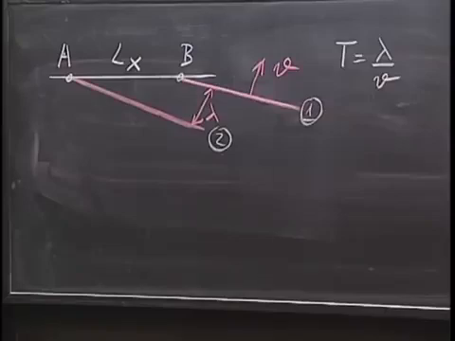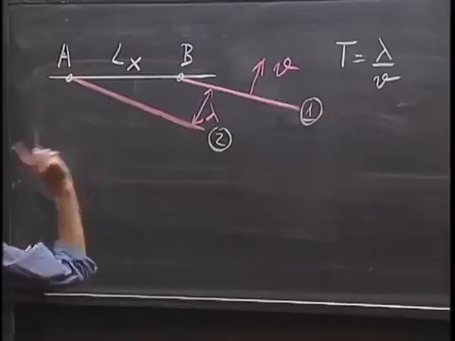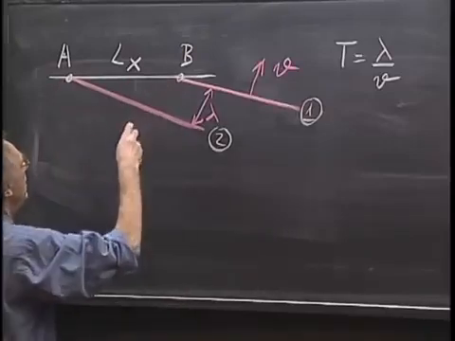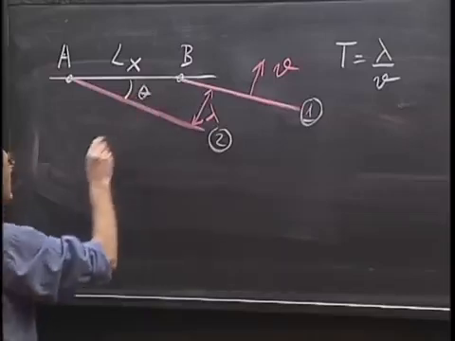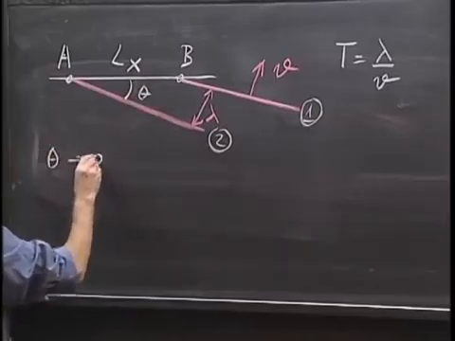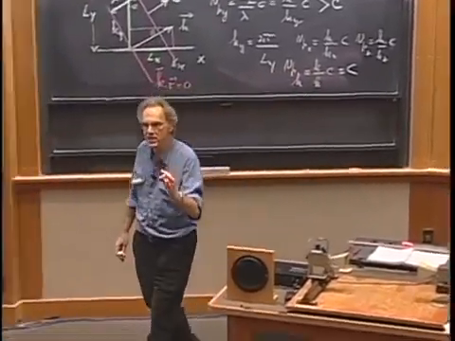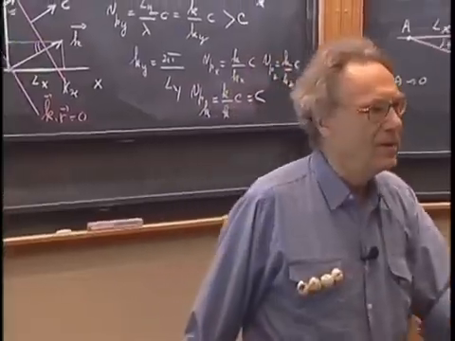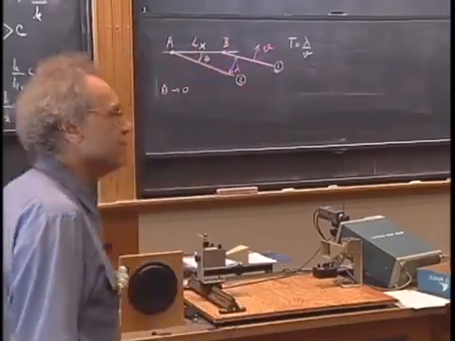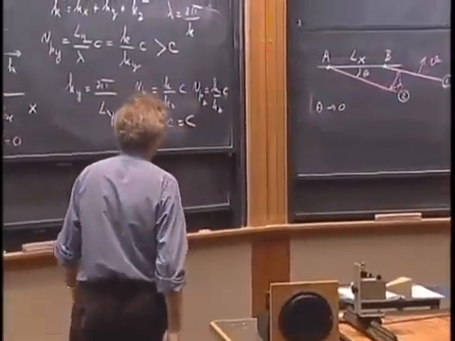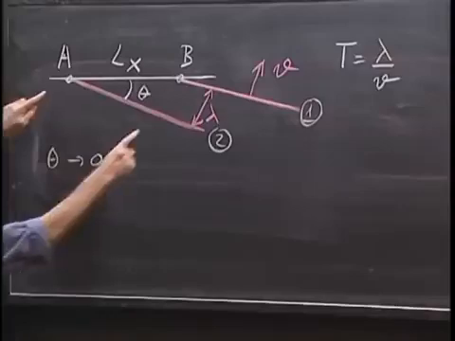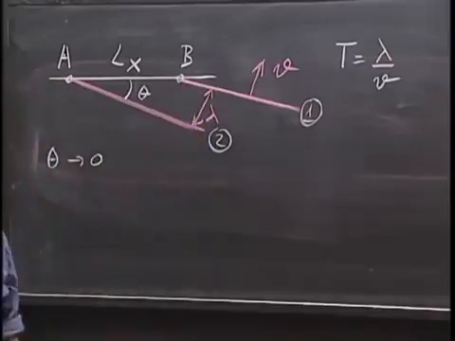That difference in arrival time of one wave between point A and B depends on this angle theta. And when theta goes to 0, that difference in arrival time goes to 0. Both A and B will at the same moment in time see that wave. So that means that in that case, when theta is 0, this L of x becomes infinitely large.